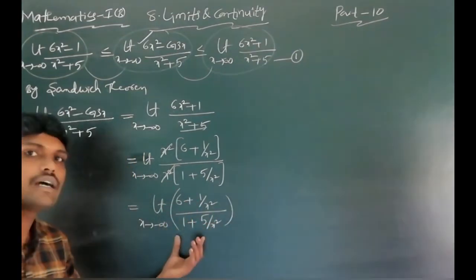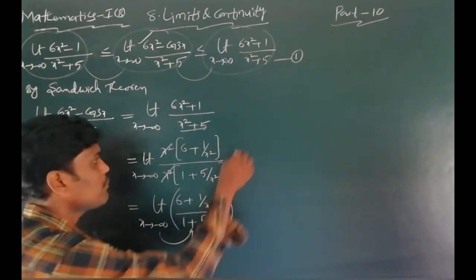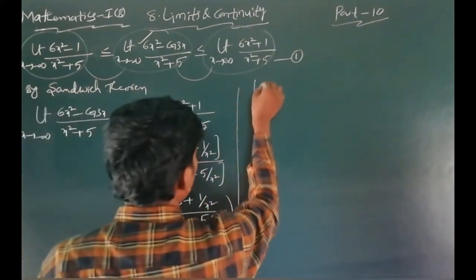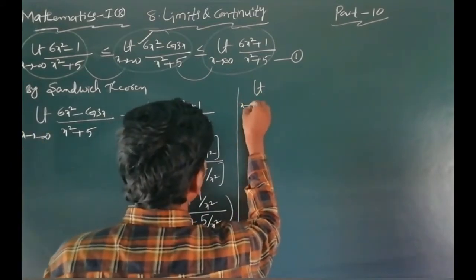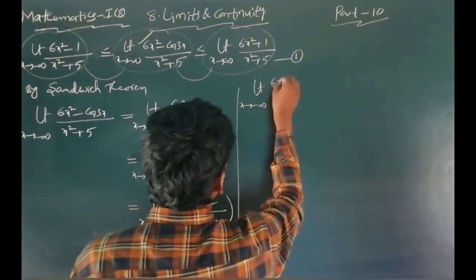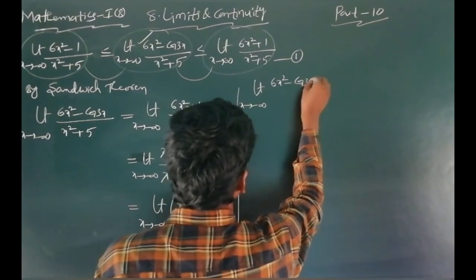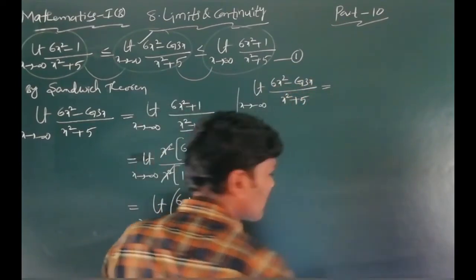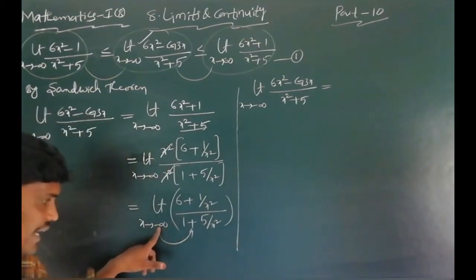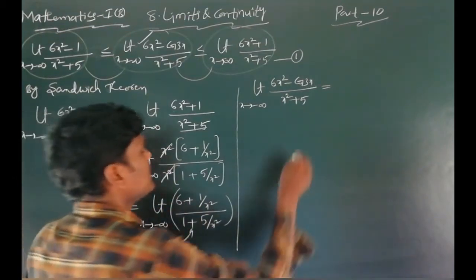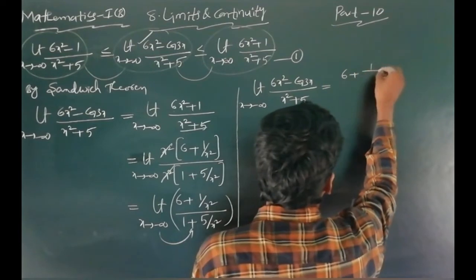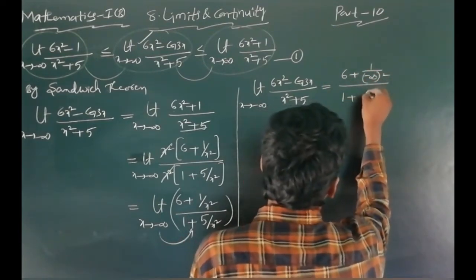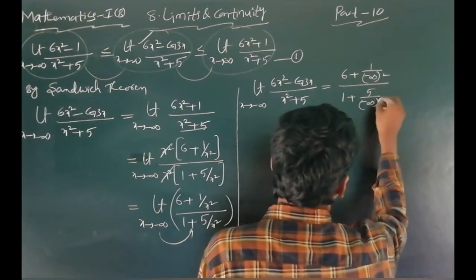Remaining term here, you can apply the limit. Here x approaches minus infinity. That is, limit x tends to minus infinity of (6x square minus cos 3x) by (x square plus 5) equals, applying x value minus infinity, 6 plus 1 by minus infinity square, by 1 plus 5 by minus infinity square.